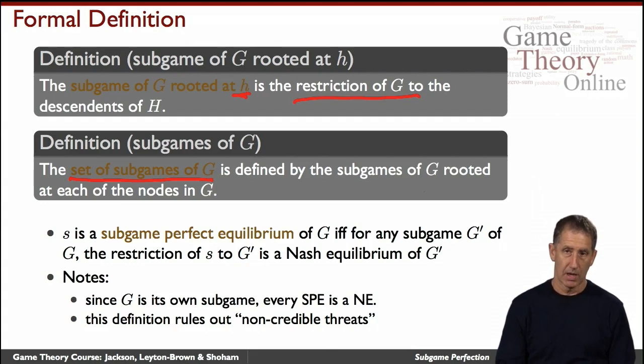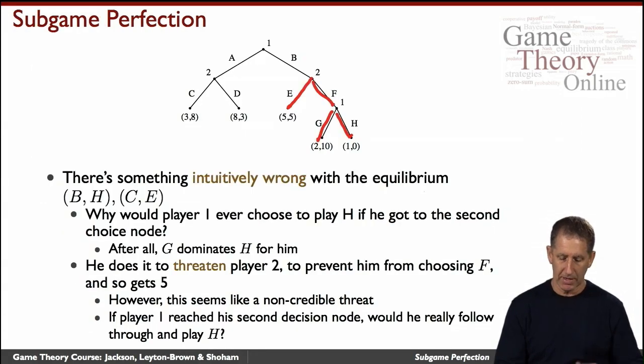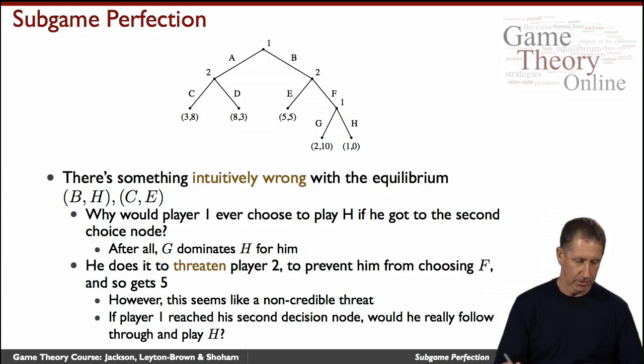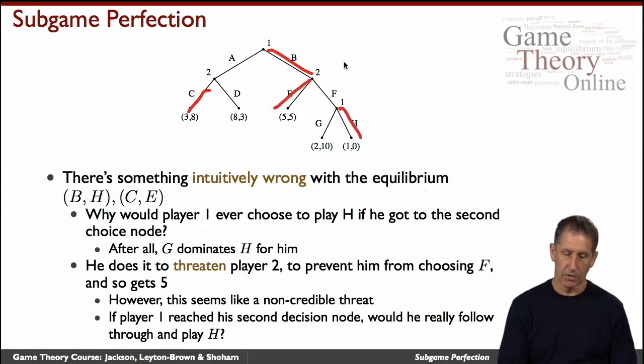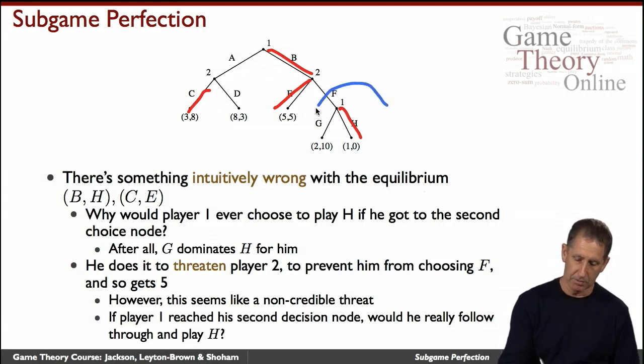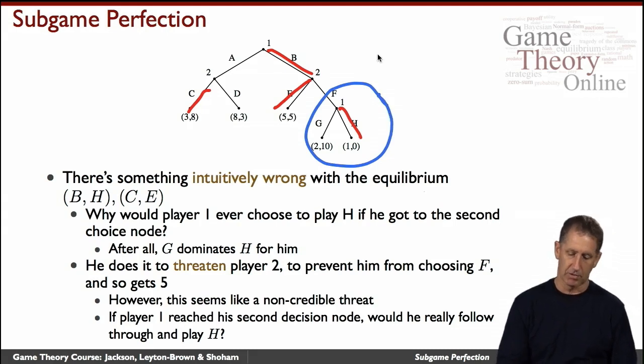A Nash equilibrium is subgame perfect if its restriction to every subgame is also a Nash equilibrium for that subgame. So if, for example, we go to the previous slide and look at the Nash equilibrium BH, CE, we just saw it's a Nash equilibrium, but among the subgames of this game, the subtrees of this tree, is this subtree.